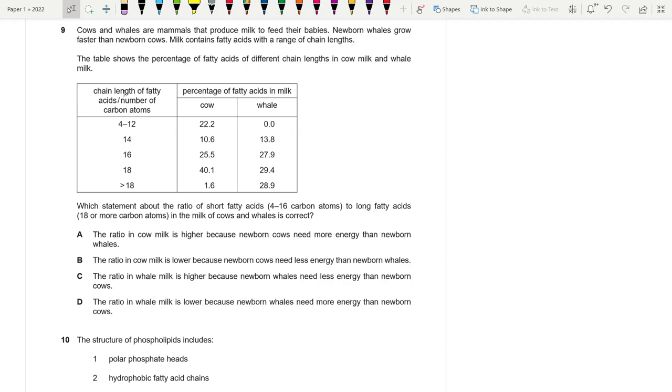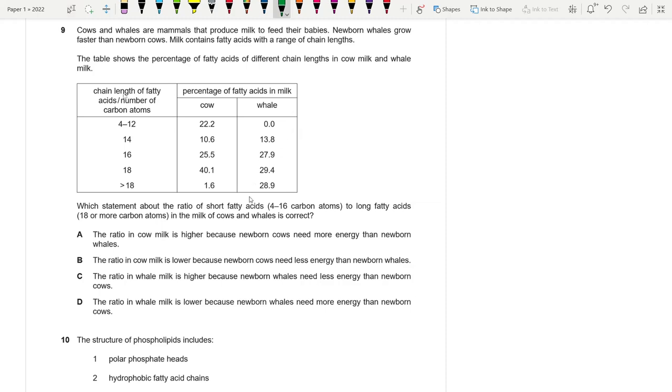The ratio in cow milk is higher because newborn cows need more energy than newborn whales. That doesn't make any sense. The ratio in cow milk is lower.